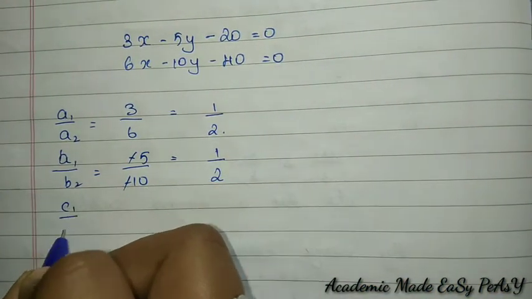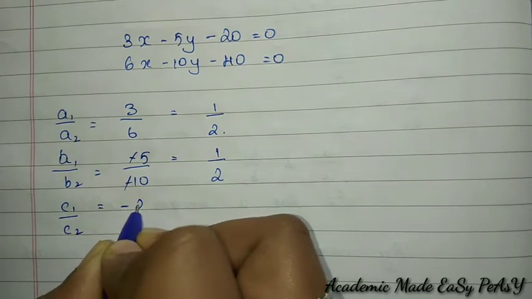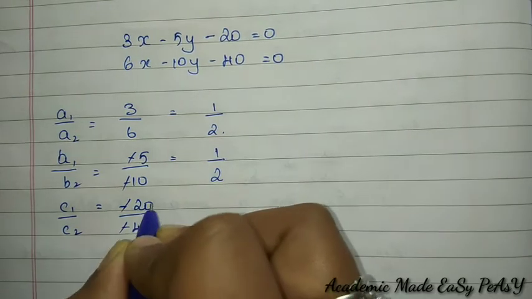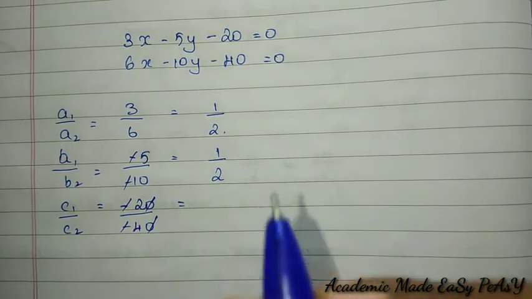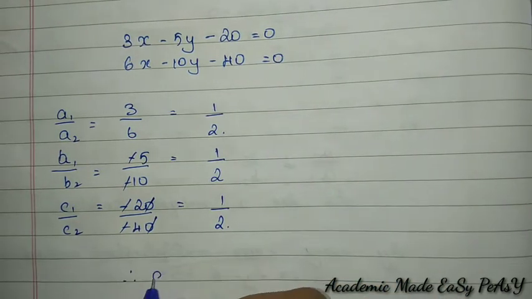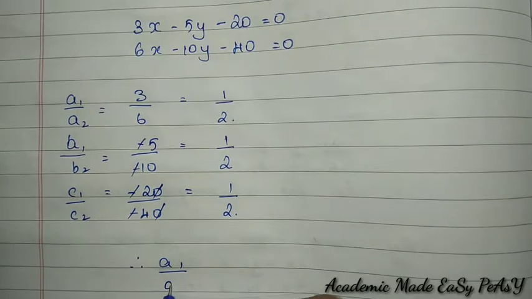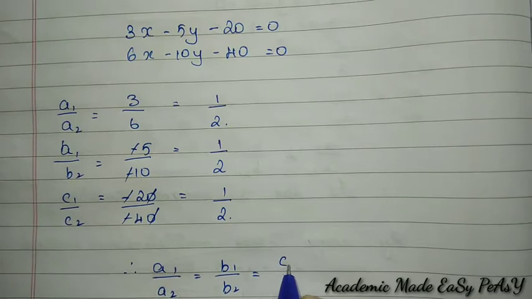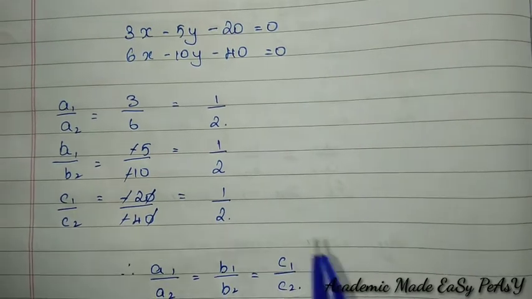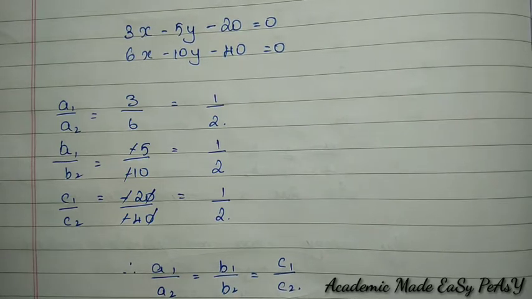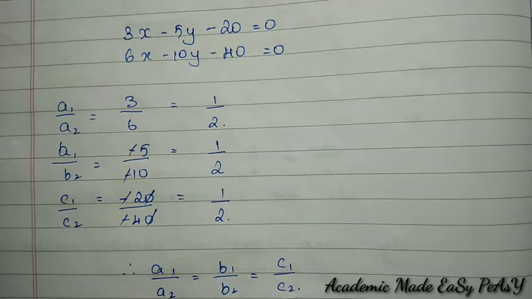C1 divided by C2 is equal to minus 20 by minus 40. Minus and minus will get cancelled and 0 also will get cancelled. 2 by 4 is 1 by 2. So A1 by A2 is equal to B1 by B2 is equal to C1 by C2. Since everything is equal, I will say that the given pair of linear equations has infinitely many solutions.